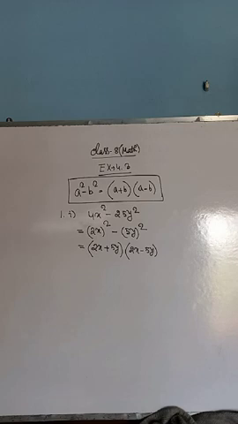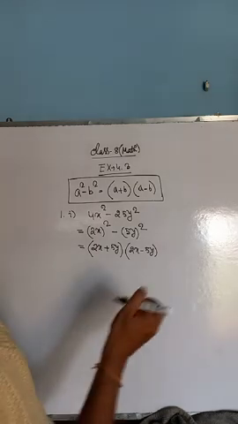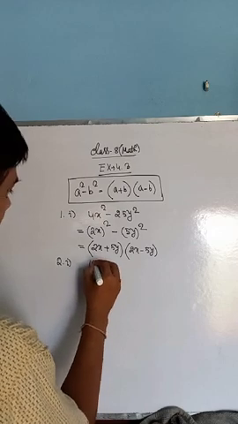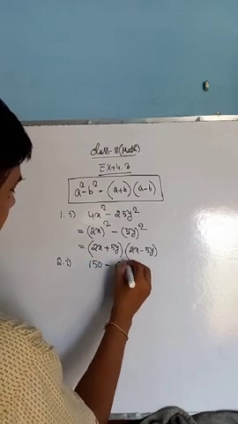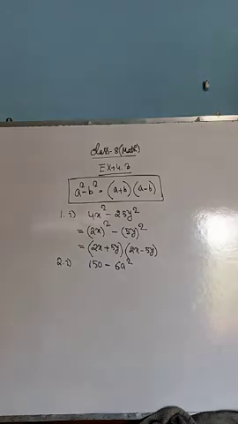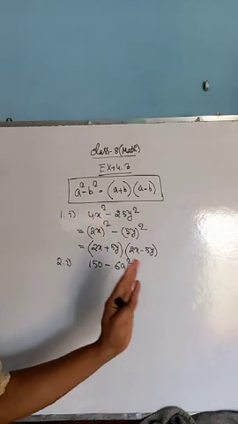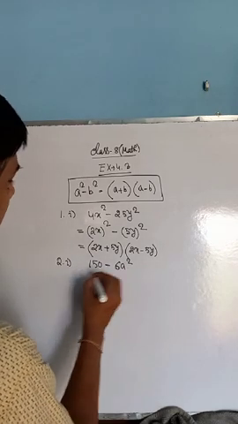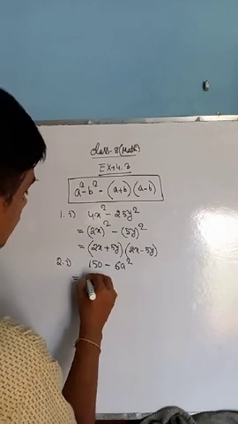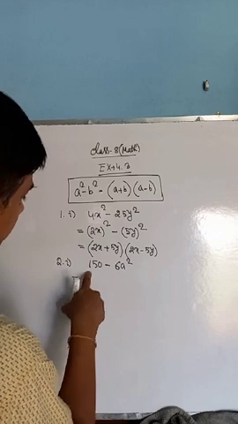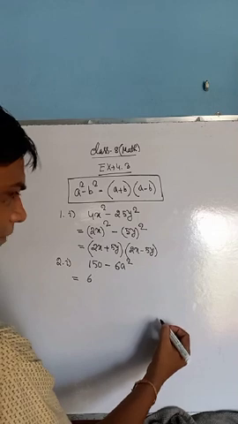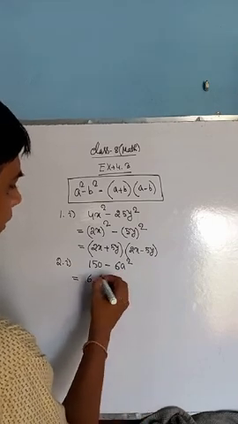Next, suppose in this way, question 2: 150 minus 6a square. As I told, in the previous math we were not able to take a common factor, but in this math you are able to take the common. What is the common? For 150 and 6 you can take the common as 6. If you do the HCF, you are able to find what is divisible.